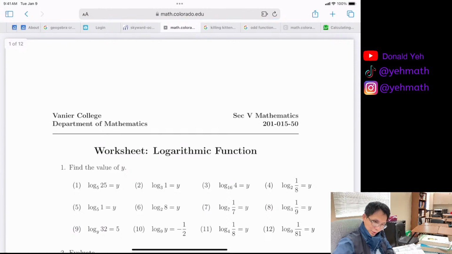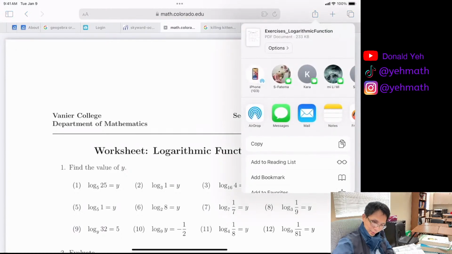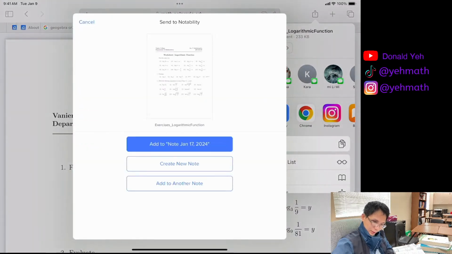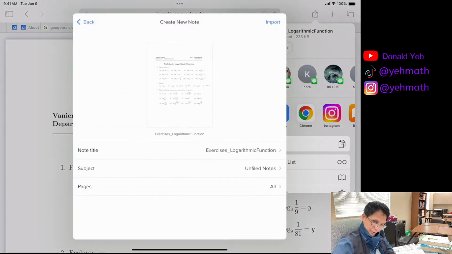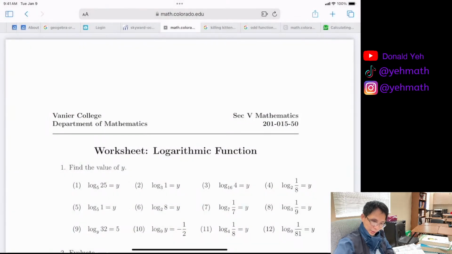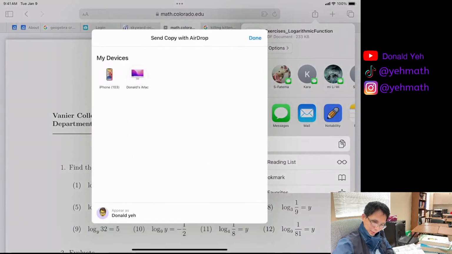This worksheet is a very common worksheet. Create new notes, import. Okay, so this is everything you need to know about log. I'm going to AirDrop it to you.